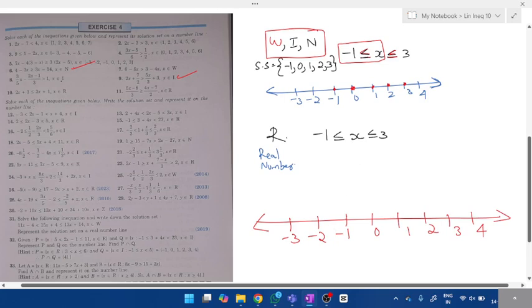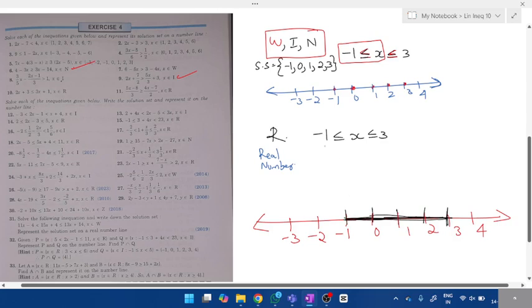So from -1 up to 3, you have to draw a line like this. This is only for real numbers. We don't keep points. We draw a line like this. This is how you plot it for real numbers. You draw a number line, you draw the entire line. We don't keep any dot.